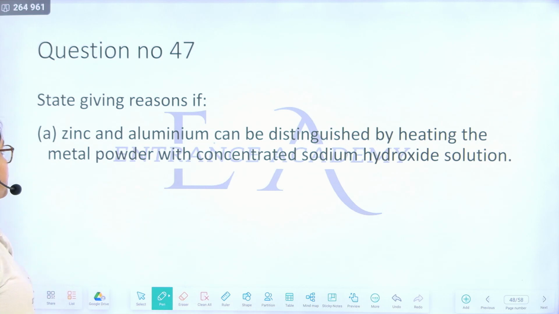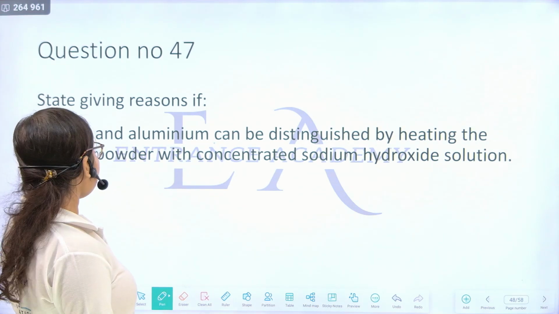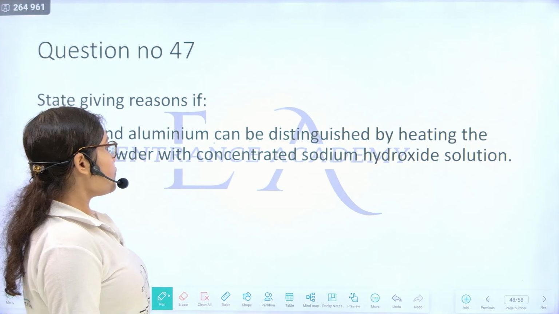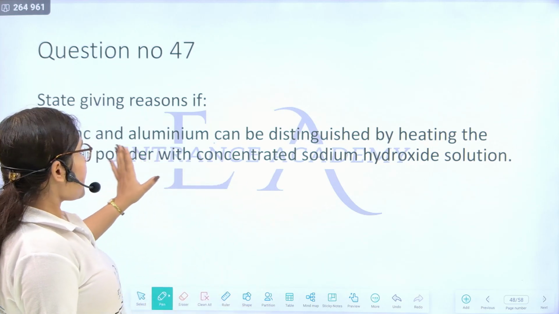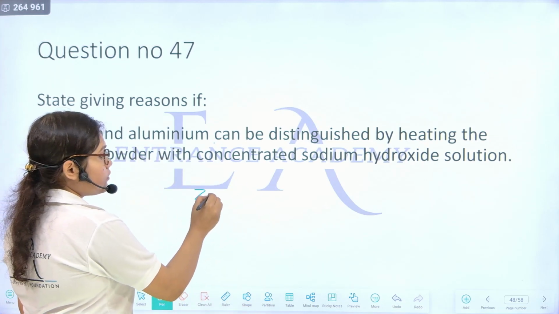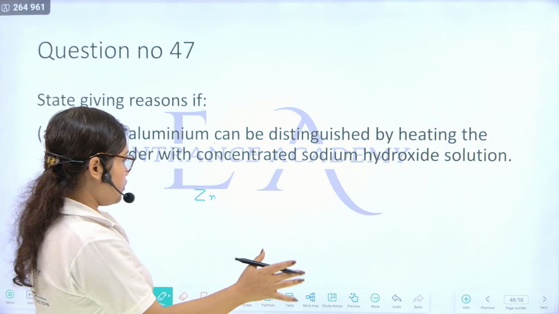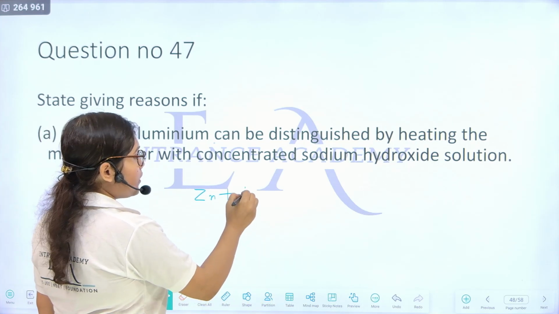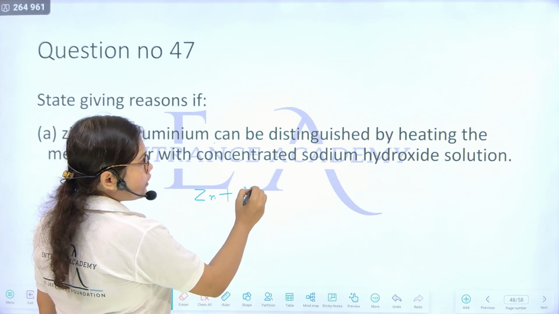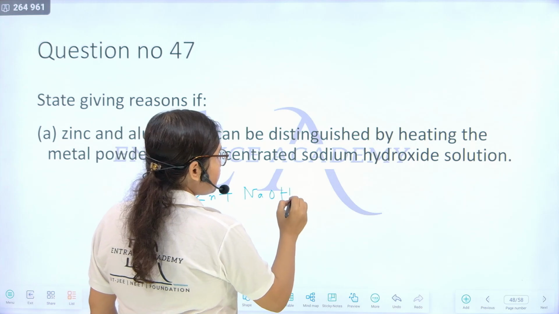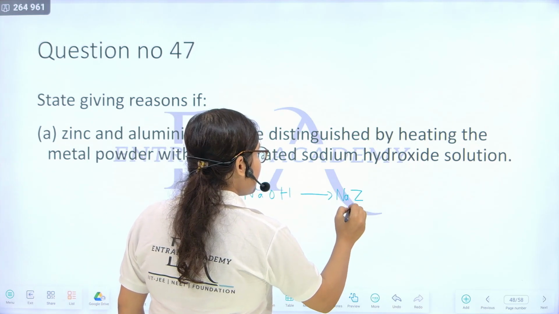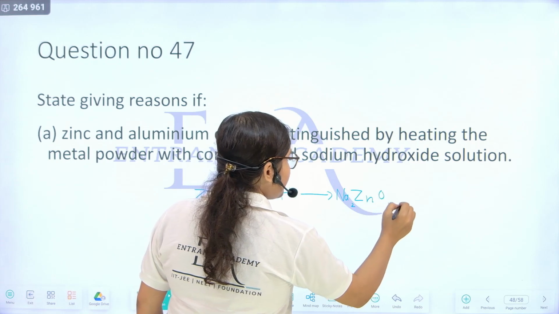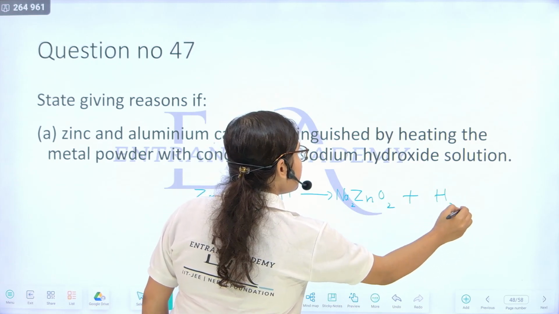State giving reasons if zinc and aluminium can be distinguished by heating metal powder with concentrated sodium hydroxide solution. Zinc plus concentrated sodium hydroxide gives sodium zincate plus hydrogen.